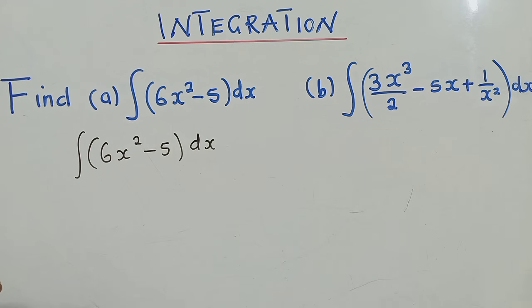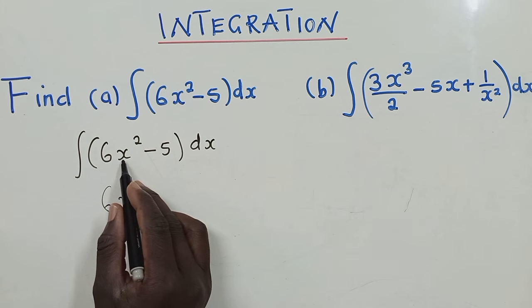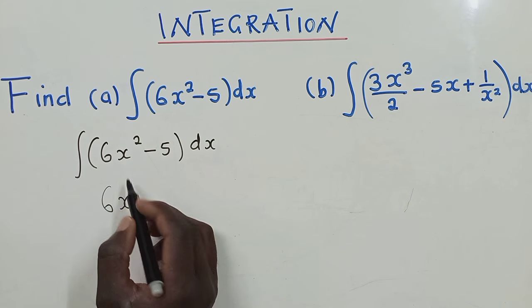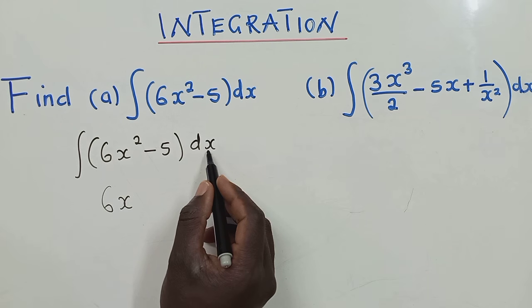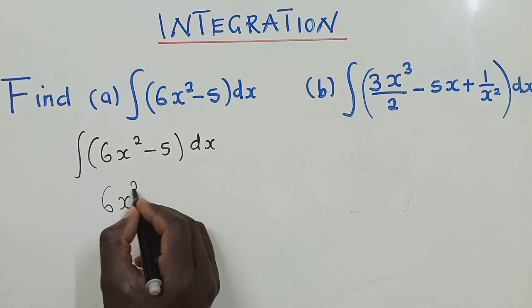There are very simple rules that you must put into consideration. Rule number one, check the powers where the letter that you are expecting has. Okay, so in this case, x has the power 2.